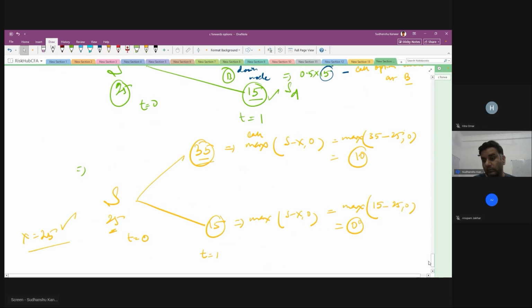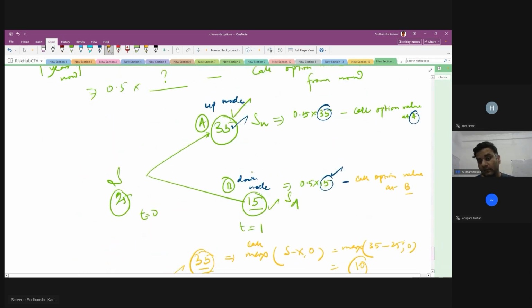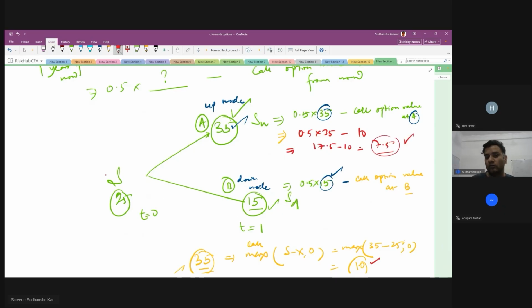Perfect. Now let me put that in the previous question. This is what I was searching for. So this is 0.5 into 35 minus the call value at the up node, which was 10. So 0.5 into 35 is 17.5, minus 10, it is 7.5. This is my portfolio value: stock into N minus call option.